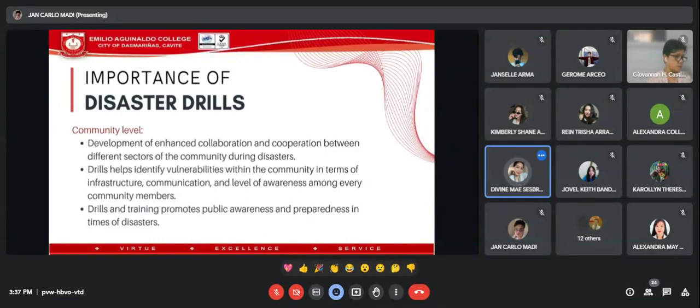So sa disaster drills dito sa community level, yung different residents or entities, pwede silang mag-practice working together in a simulated disaster scenario, which they can foster communication, cooperation, and understanding of these roles and responsibilities.